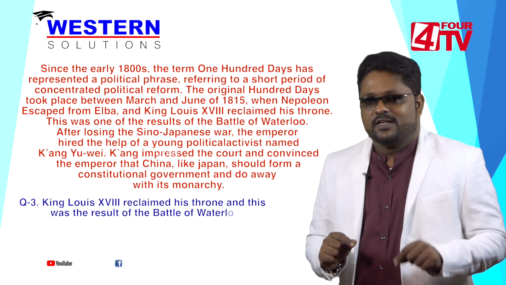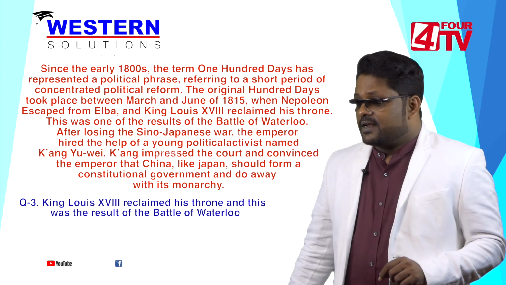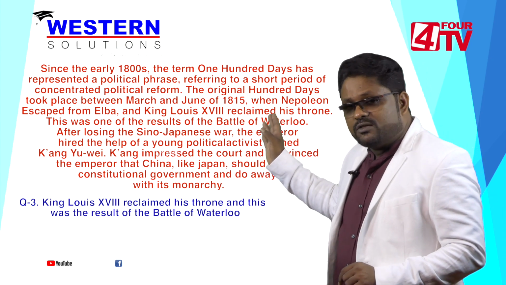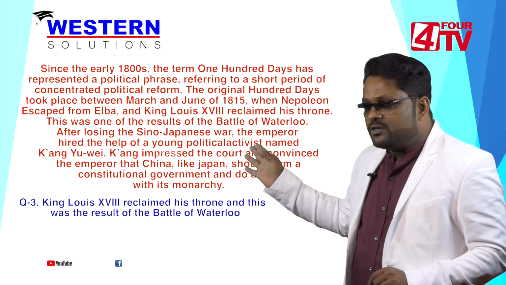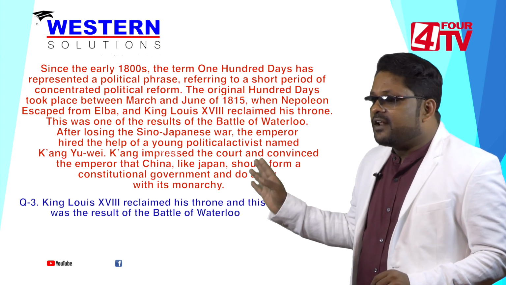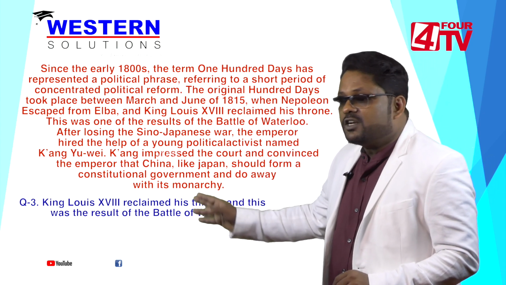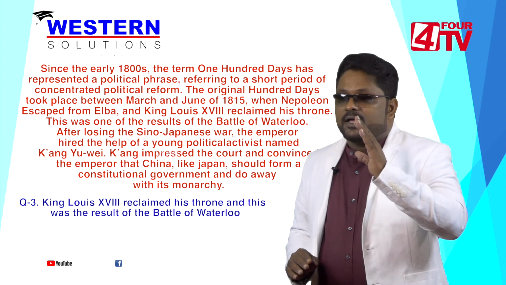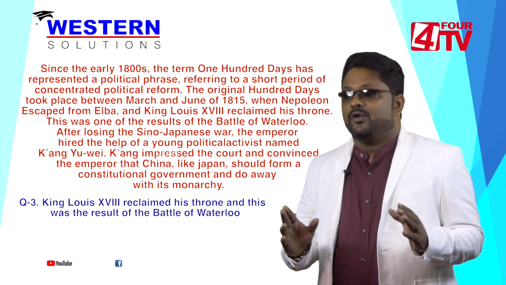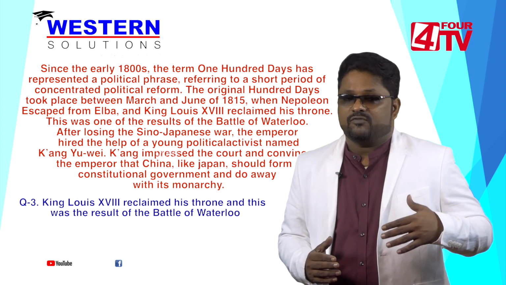But the key here is, if the information is not specified, then what happens? Now you can see the slide. The question on this segment is about King Louis XVIII reclaimed his throne, and this was the result of the Battle of Waterloo. Now, the question says that he reclaimed his throne, and this was the result of the battle.